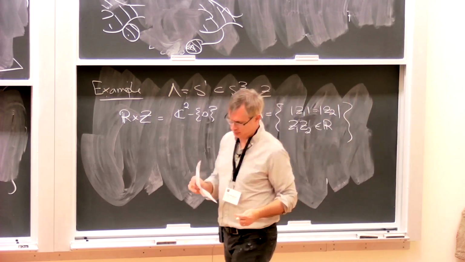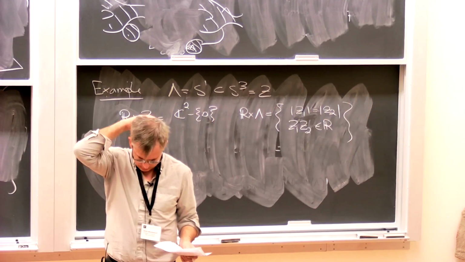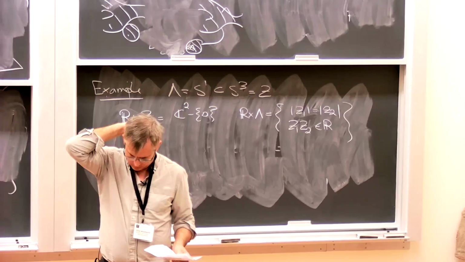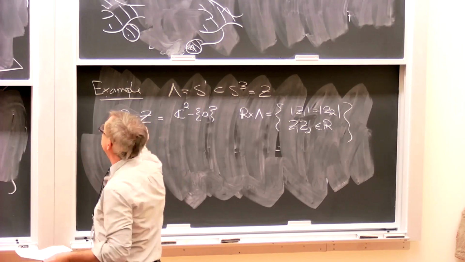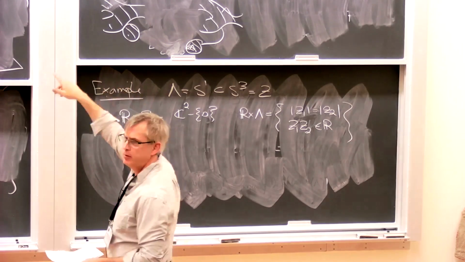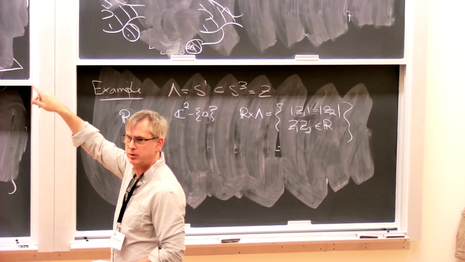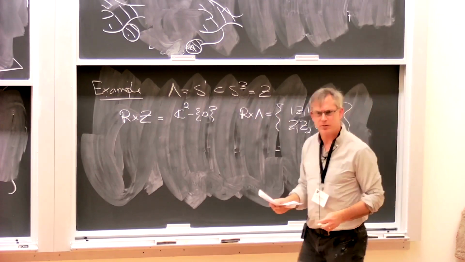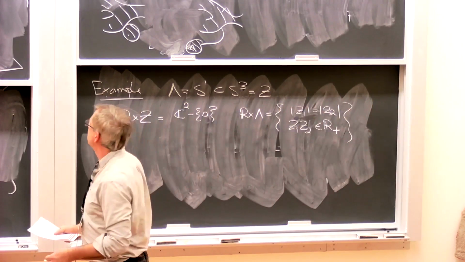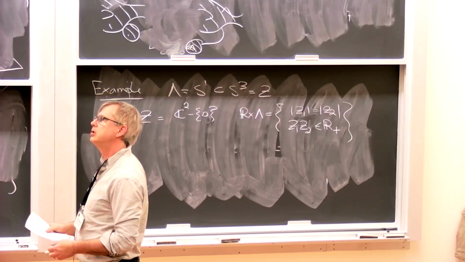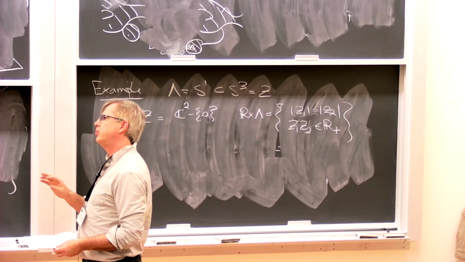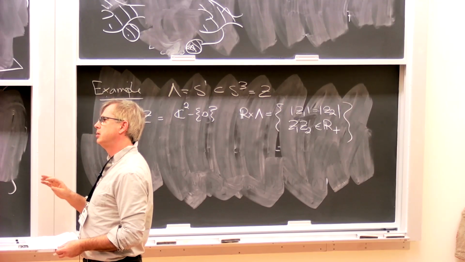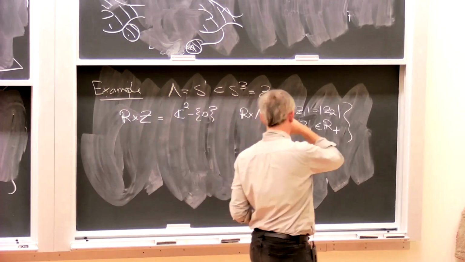Do I want real positive or real? I think maybe there was a mistake before. Yeah, I should have had R plus before. I'm sorry. Yeah, the first one I want it to be n to 1 over the connected thing.